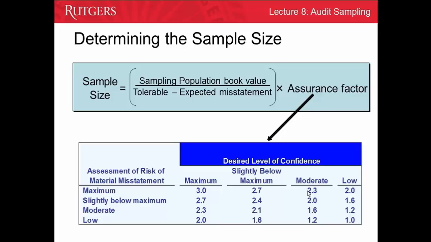Thus, it is common for firms to develop guidance for non-statistical sampling based on statistical theory, such as this formula. It defines the sample size as equal to the sampling population book value divided by the tolerable minus expected misstatement, then multiplied by the assurance factor.